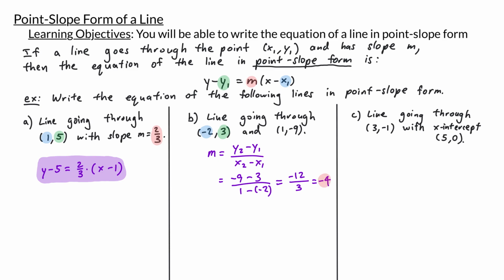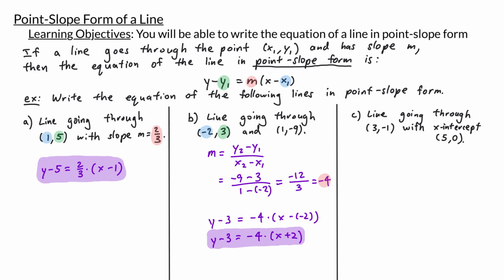So the equation of our line is y minus 3 is equal to -4 times (x minus -2). We can simplify this double negative and rewrite our equation as y minus 3 equals -4 times (x plus 2). And that's the equation of our line in point-slope form.